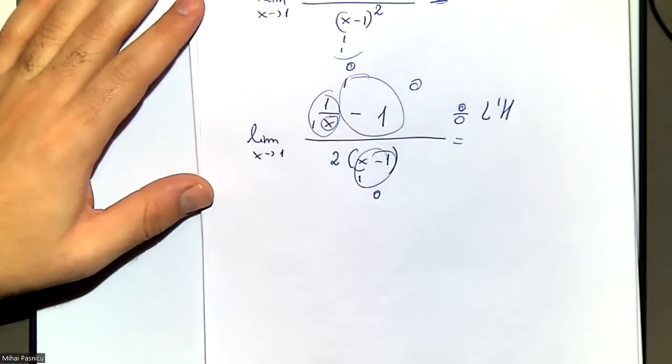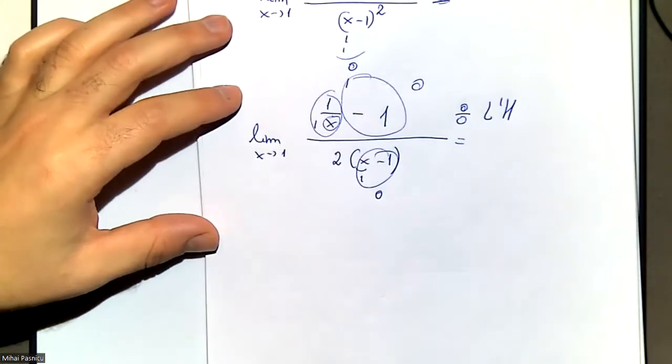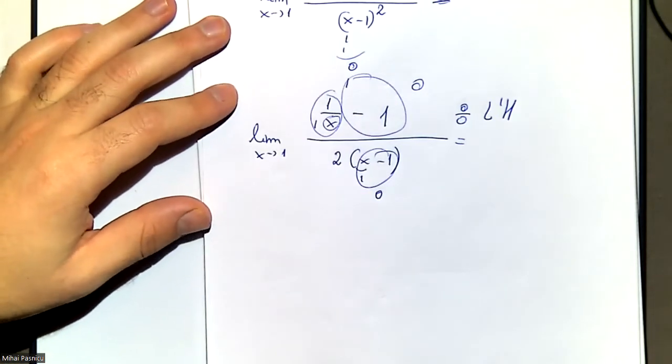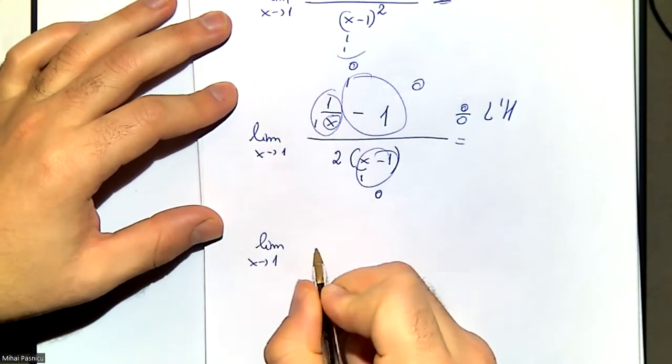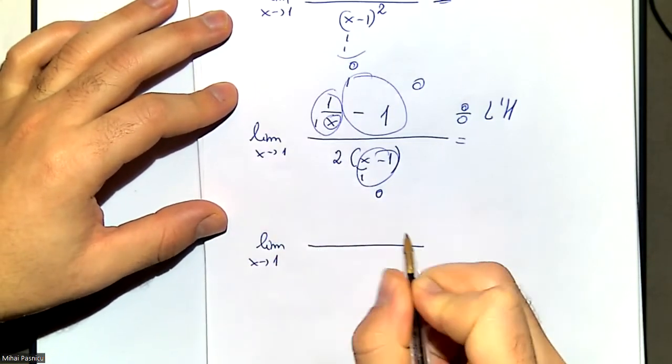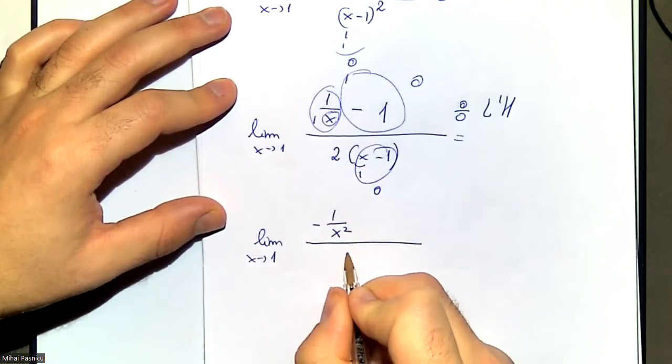And again, you can maybe do something. You can maybe get the limit from here. I haven't really thought of it, but I'm being corrupted. I'm just starting to take the easy way out, I guess. So what's this derivative? It's just minus 1 over x squared. And this derivative is just 2.